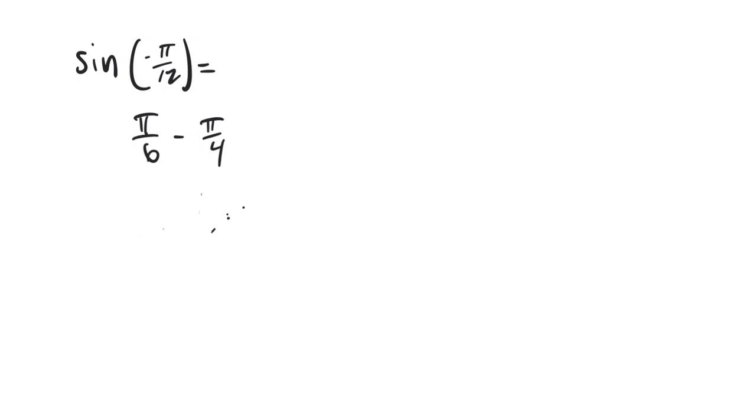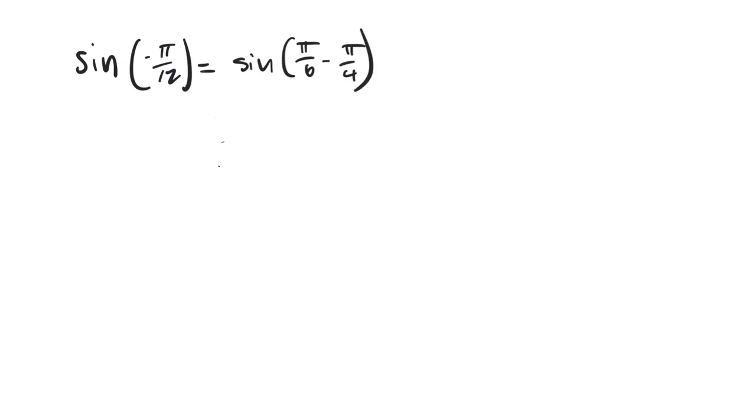So I'm going to break this difference here into two angles, the difference of two angles. Okay, I'm going to erase this. So I have sine of pi over 6 minus pi over 4. And just like with the sum identity, it's sine of the first angle times cosine of the second angle.